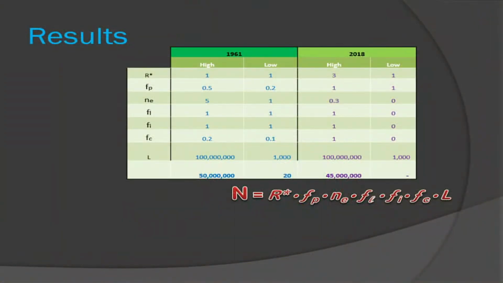So looking at the original estimates from Drake and the estimates from today, we see that there's this huge range of possibilities for estimating the likelihood of there being other intelligent, technological, advanced civilizations in our galaxy at the same time that we are also stepping foot into space from our planet in the galaxy.